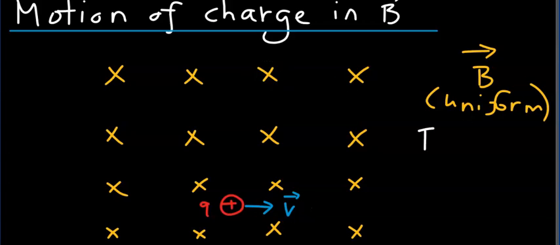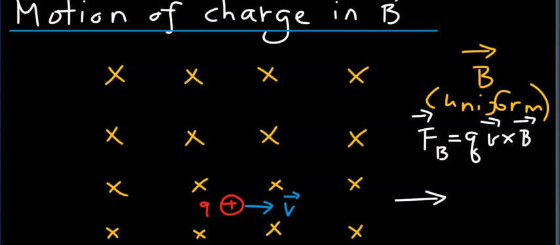Recall that the direction of the magnetic force follows the simple cross product rule. So using the right-hand rule, when you curl your right-hand fingers from this direction to the direction into the plane, your thumb will be pointing in an upward direction. So that is the direction of the magnetic force on this charge at that point.